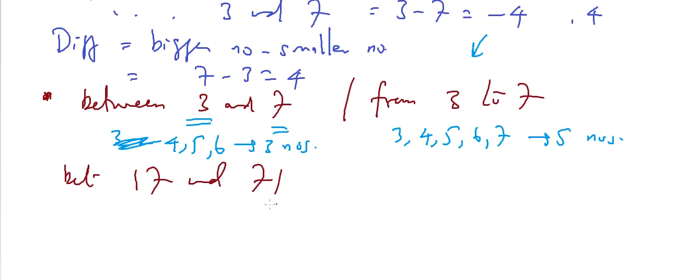So what to do? You subtract. Is the answer 71 minus 17? So what do you get? 54. Is it correct? So 54 numbers between 17 and 71?